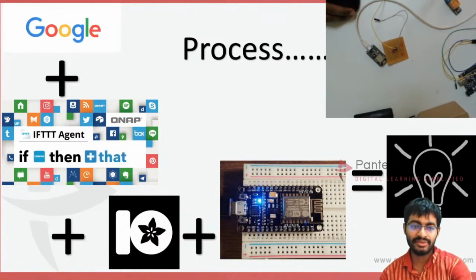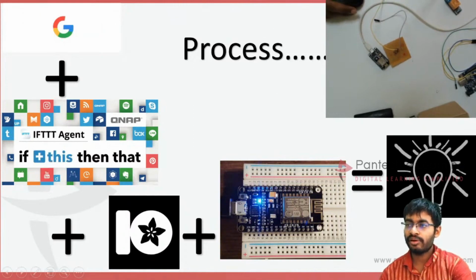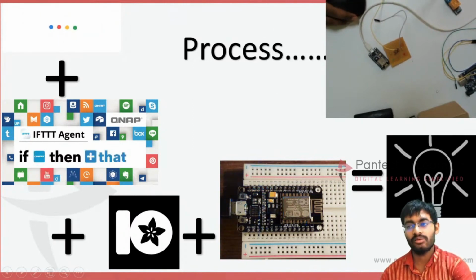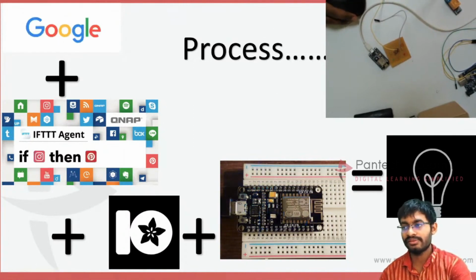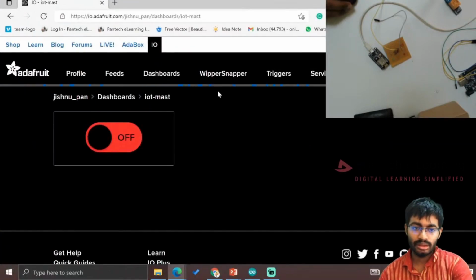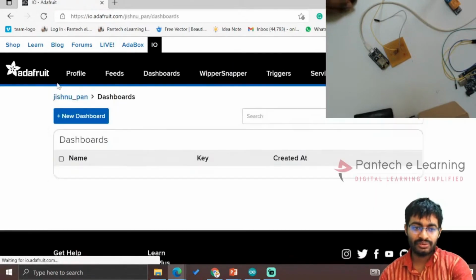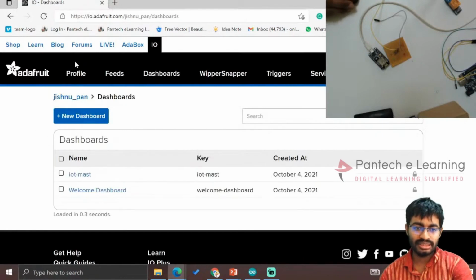First let us start with Adafruit. Adafruit is one of the important and best clouds I can say. It is a foreign cloud only. Here I have already created an account. This is my Adafruit account. Inside the dashboard, I will have the respective parts.